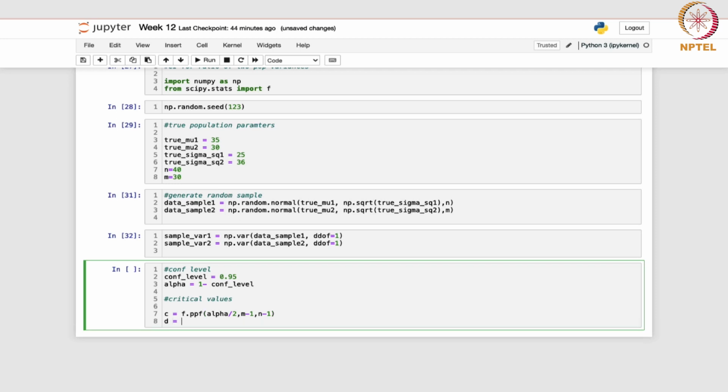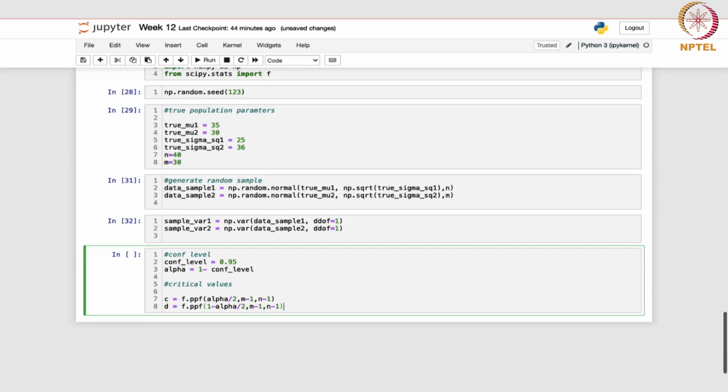Note that this is again the reverse of what you have in your slides, because alpha by 2 and 1 minus alpha by 2 are switched. M minus 1, n minus 1. C also, if you can recall from the theory, it is f at 1 minus alpha by 2, m minus 1, n minus 1, or you can say 1 over f alpha by 2, n minus 1, m minus 1, and D is this.